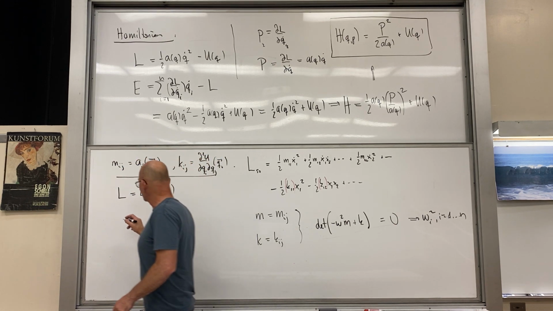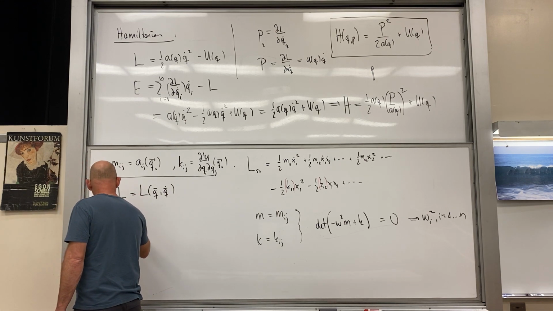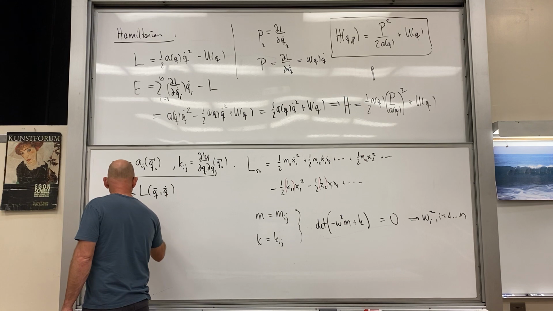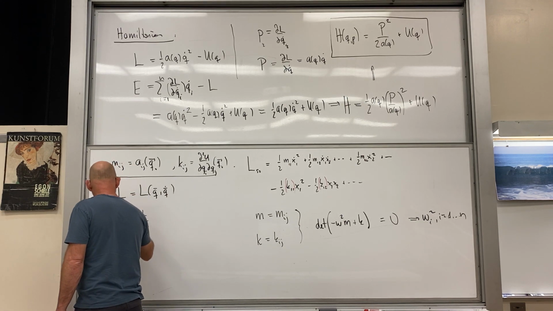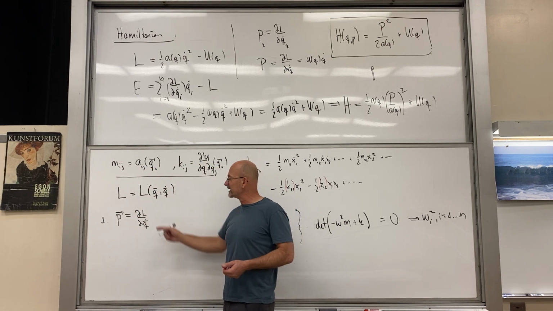So the first step, we could say, well, P is equal to dL/dQ dot. Do it in vector form, that simply means that's all n of them, 1, 2, 3, n.